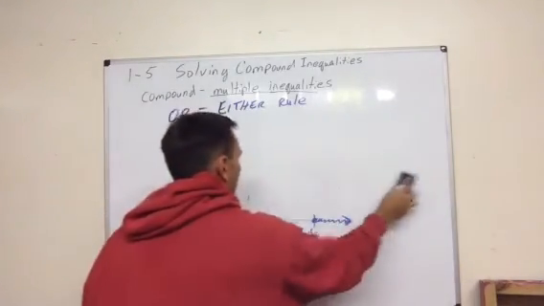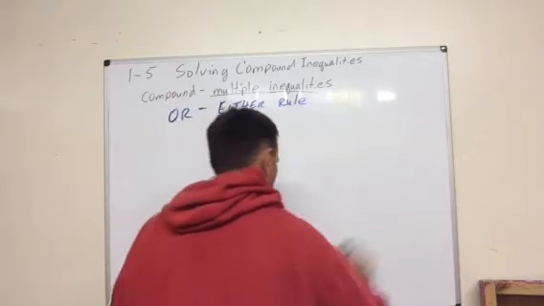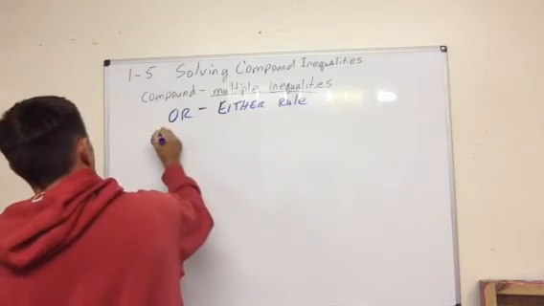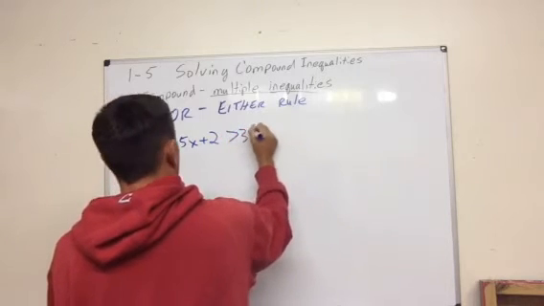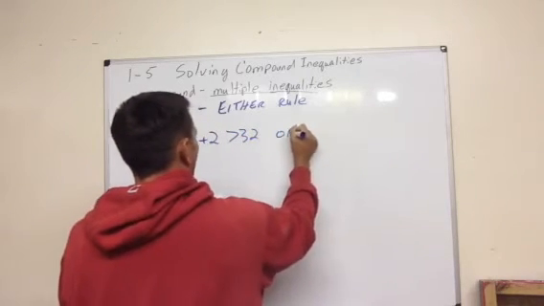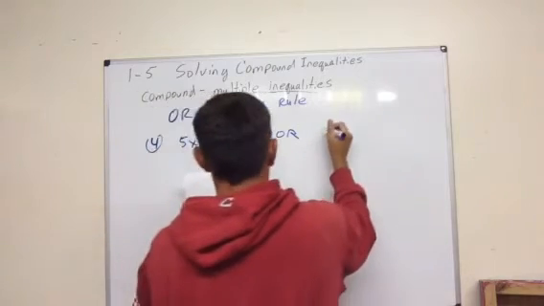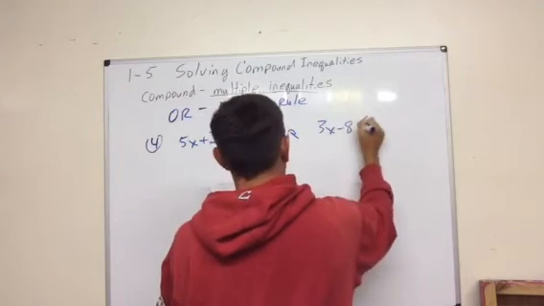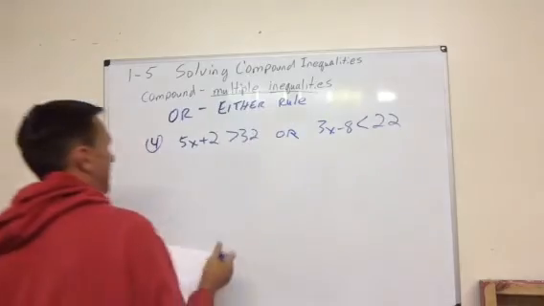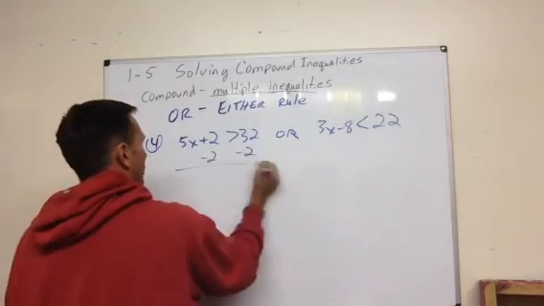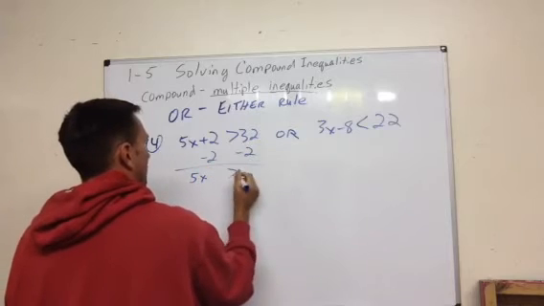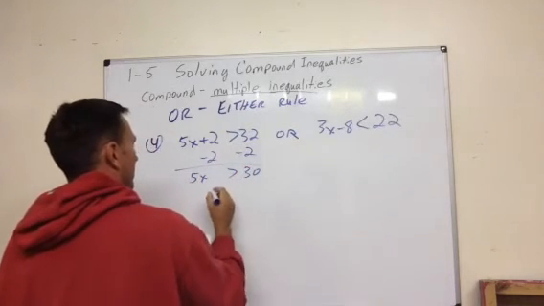Number 4. 5x plus 2 greater than 32, or 3x minus 8 less than 22. Solve our two problems. Add negative 2. End up with 5x greater than 30.